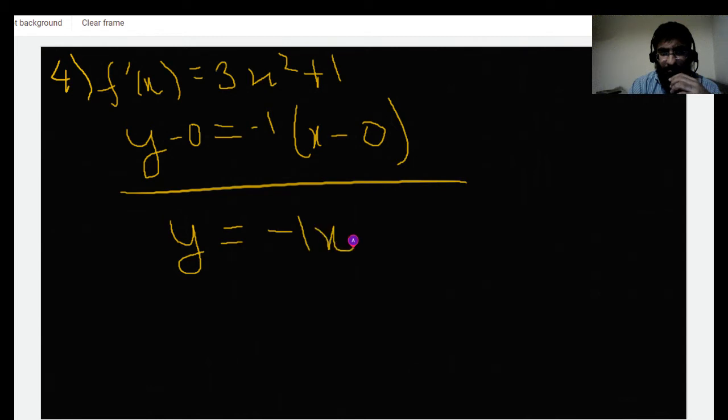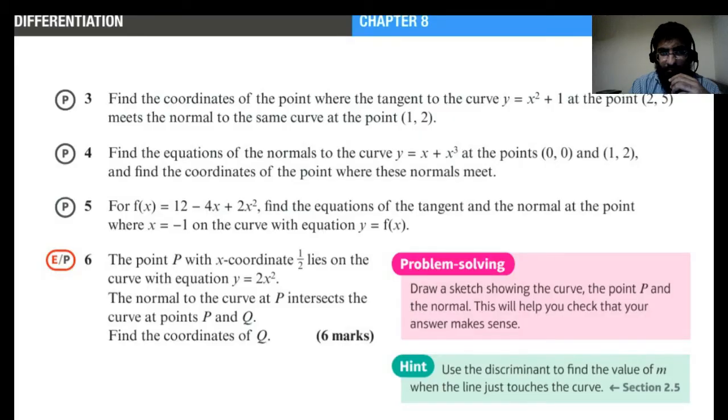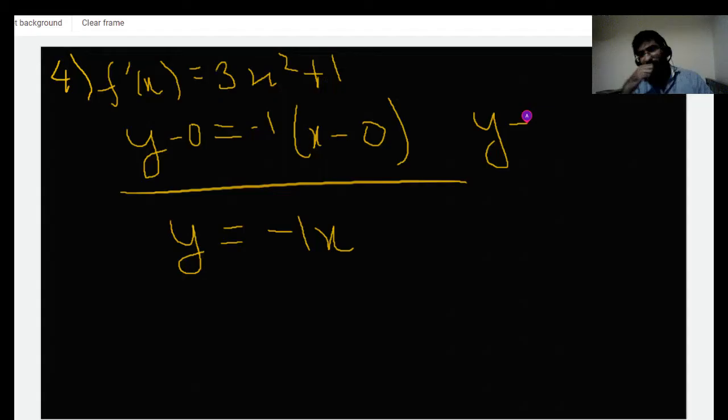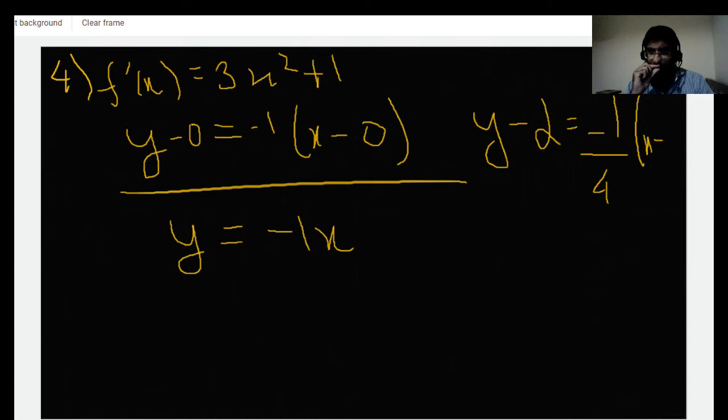And then the second equation would be y minus 2 is equal to, putting in x, 3 plus 1 is 4, then it becomes minus 1 by 4 into x minus 1.